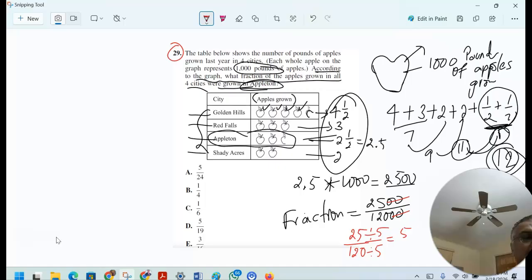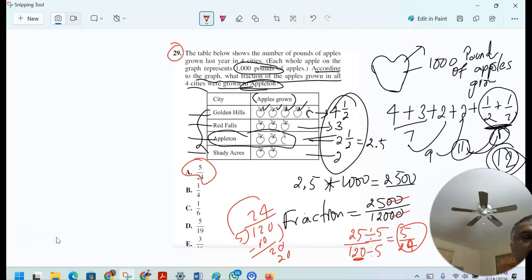You get 5 over 120 divided by 5. And you can check, if the calculator is not given, you should be able to do it like this: bring down 0, and 5 goes 4 times, 20. So it's 5 over 24. The answer is right here. You're done. So easy question.